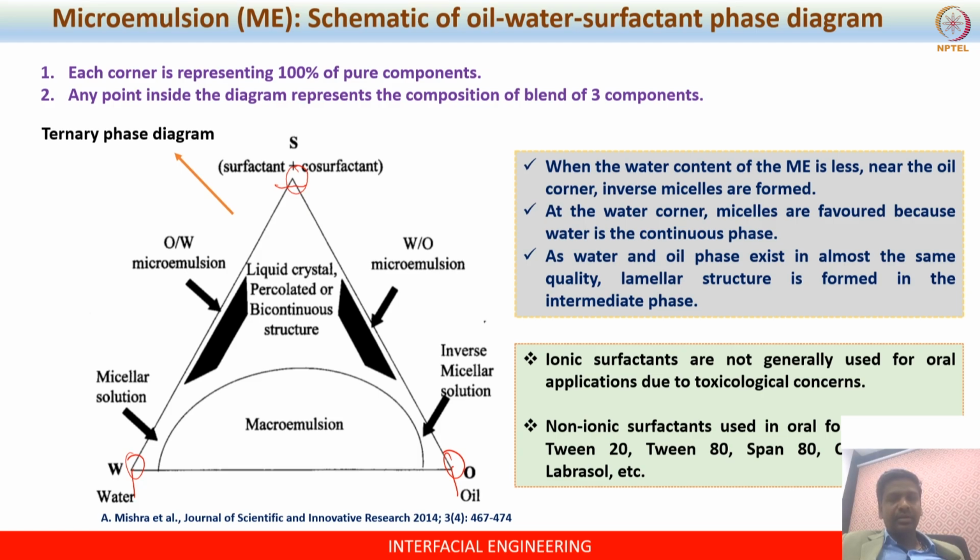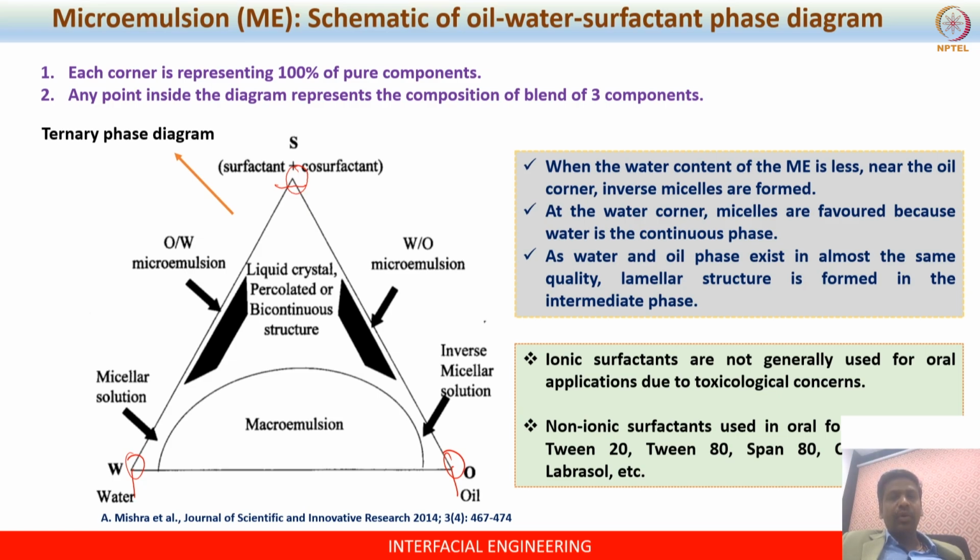Let's say if I am looking for oil in water microemulsion, then which experimental operating point should one choose? Or if I am looking for water in oil microemulsion, which will be my pathway, which will be my domain, which would be my experimental conditions?